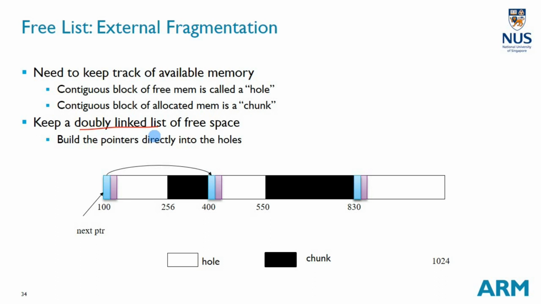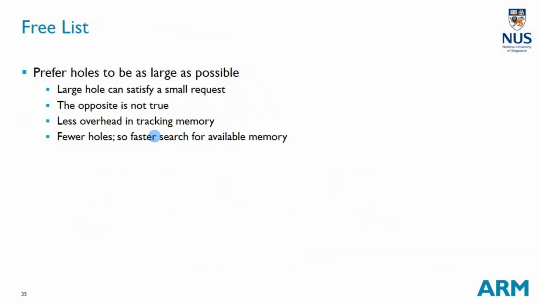That tells me that is the next free space available, and similarly to 830. Of course, I can also have another pointer that points backwards. So I can go in both directions to know the free space that I have in the heap memory that is allocated.